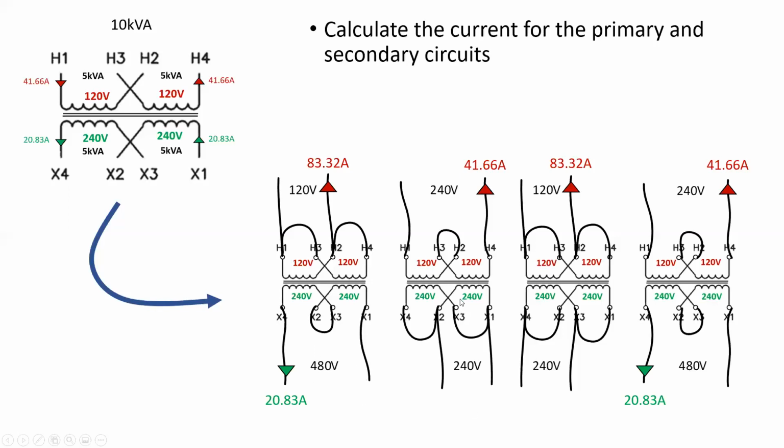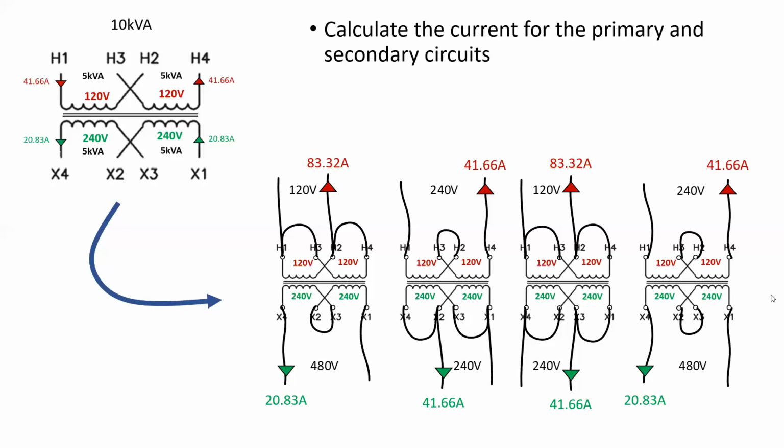For the parallel, same application as what we did on the primary, we're going to take that 20.83 amps and, since there are 2 sources connected in parallel, we're going to double that current because the current from the first coil is going to come up to X3. It's going to travel over to X1, combine with the current that went through this coil, and they're going to have a sum, which is 20.83 times 2, giving me 41.66 amps.